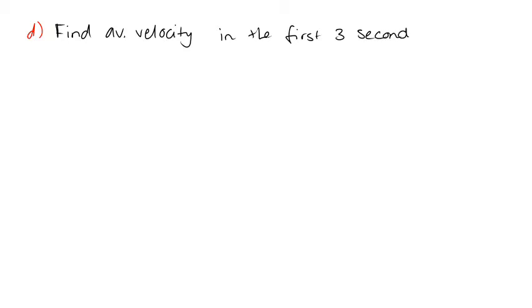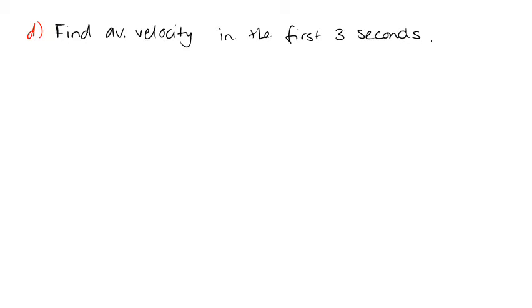Okay, next is to find the average velocity in the first 3 seconds. Now, average velocity is what over what? Displacement over time. What's its displacement at 3 seconds? -3.